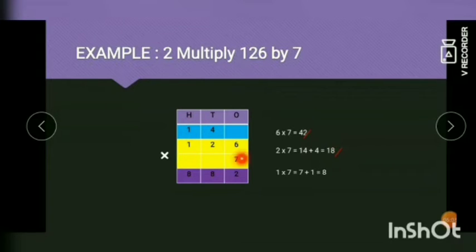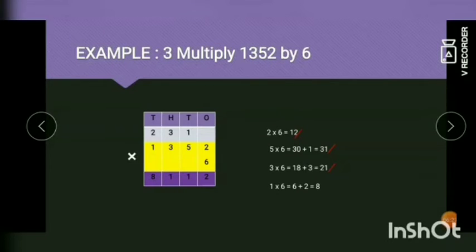Next we multiply the hundred place value. 7 ones are 7. So 7 plus 1 equal to 8. So we write the number 8 in the hundreds place. So finally we get the answer 882. Next we see another example.